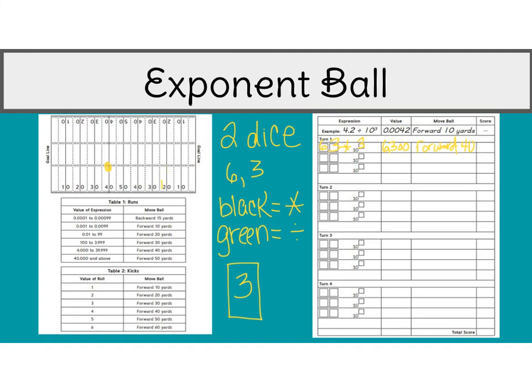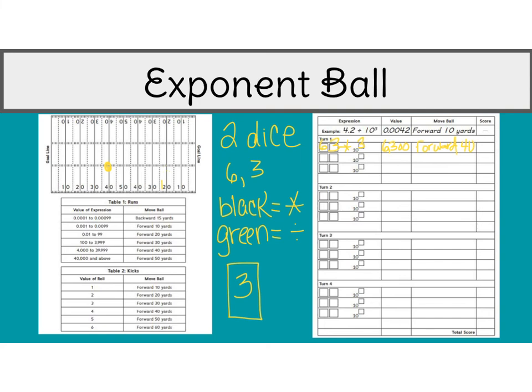So after I have rolled my die and determined my decimal, and then I drew my card, which determined my exponent, I calculated my value, found it on the table, moved the ball, and then I get 3 more chances to move it down the field.